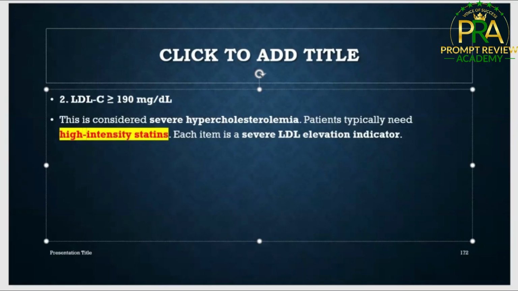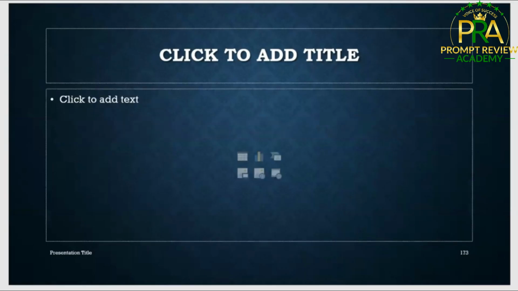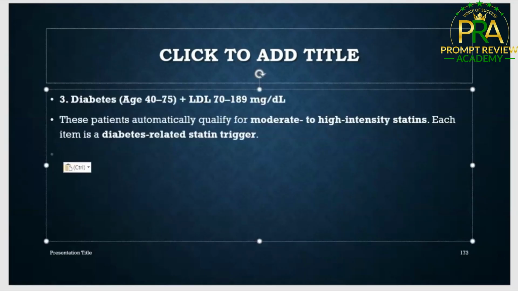Then we have another group. In that group, we say people that have diabetes and are between 40 and 75 years. Those people, we can give them moderate to high. It does not matter. You can give them the high one or the moderate one.